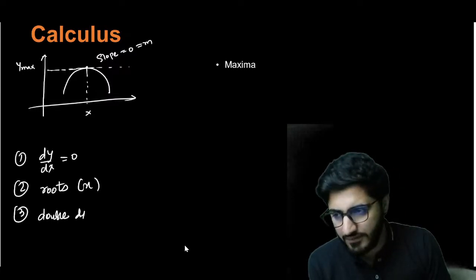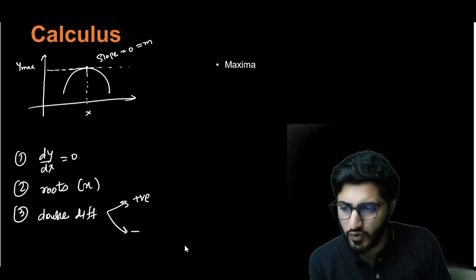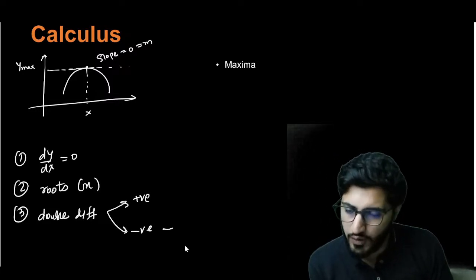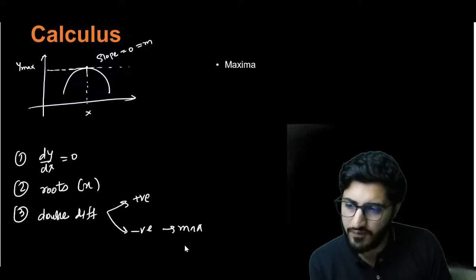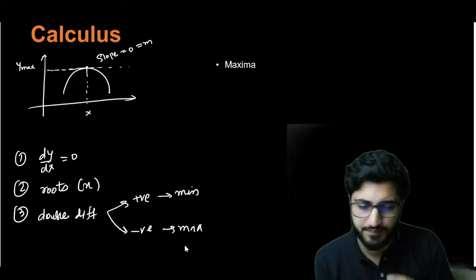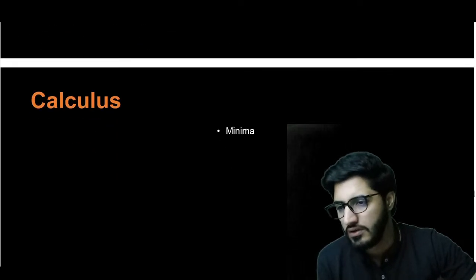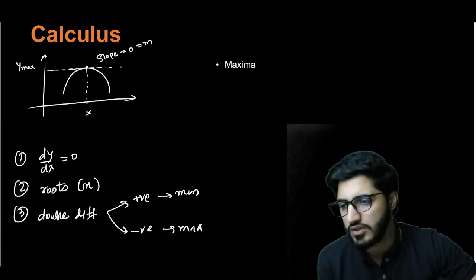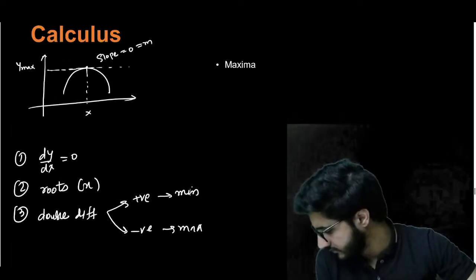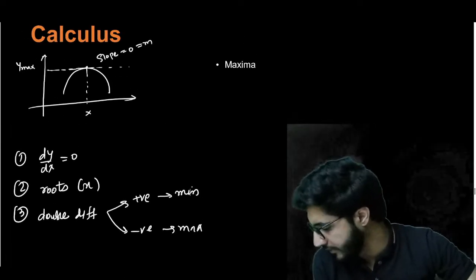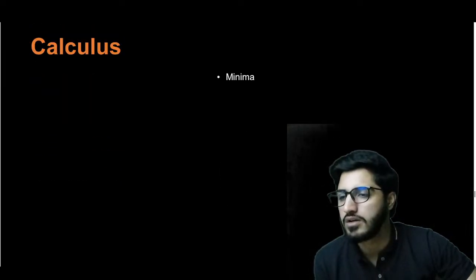After double differentiation, you will get either positive or negative. If it is negative, you will say this is maxima. If positive, you will say this is minima. Clear? Is this clear to you now? We will do some numericals and this will become very clear to you.